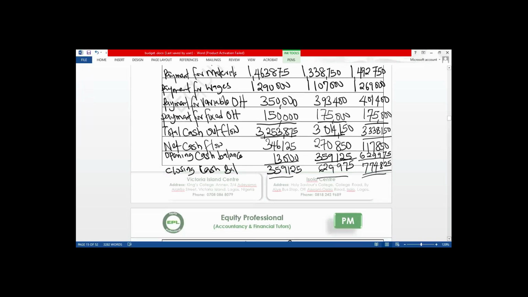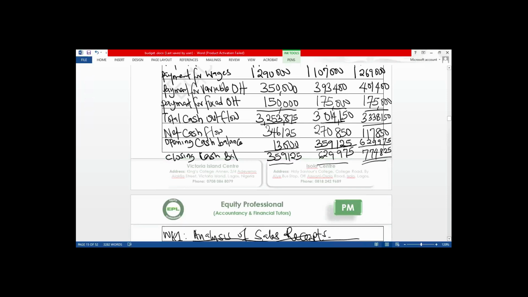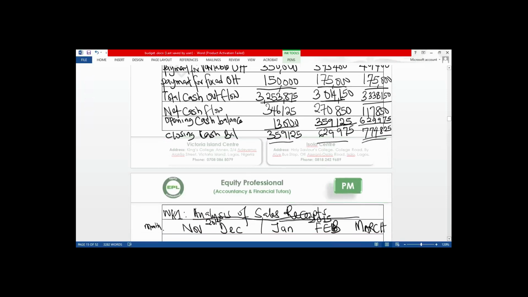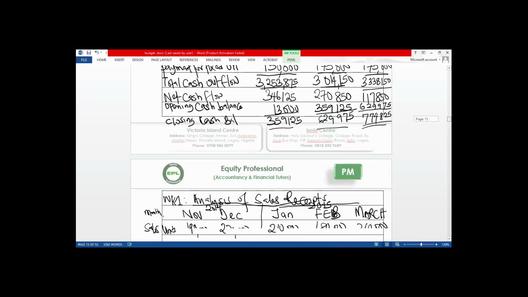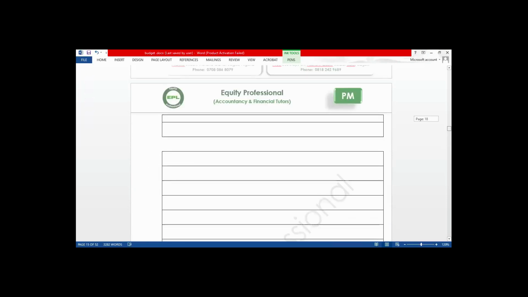Prepare budgeted profit and loss for 3 months ending March. Now please note, a cash budget is prepared on cash basis.